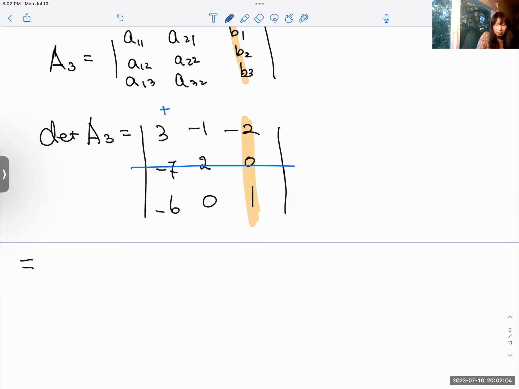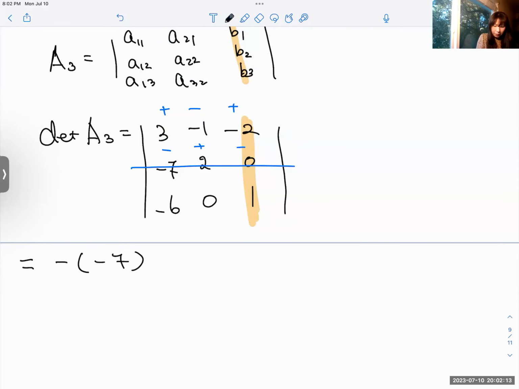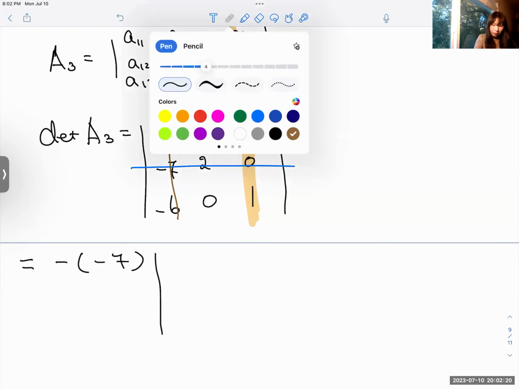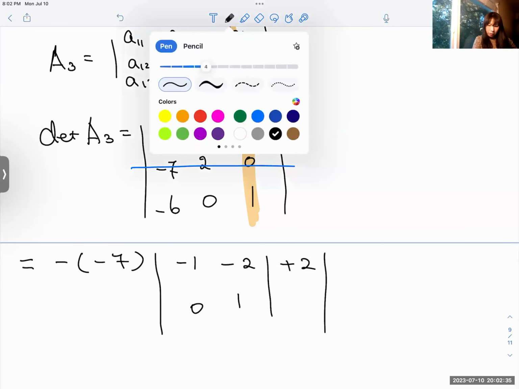So positive, negative, positive, negative, positive, negative. So negative 7, and we get negative 1, negative 2, 0, 1, and plus 2, so we cross out.